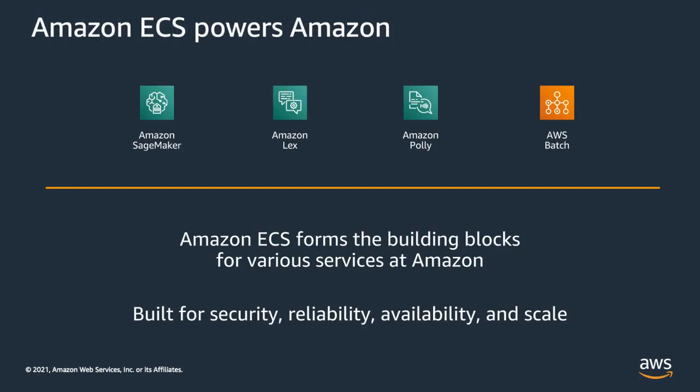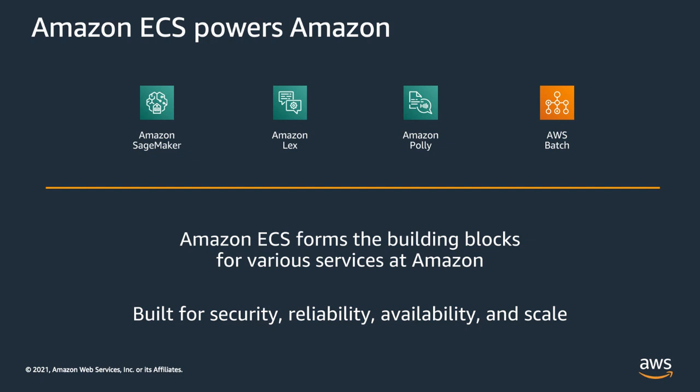The next thing is, ECS is a fairly important service. Some of the leading AWS services, like Amazon SageMaker, which is the fundamental unit for machine learning, or Lex, or Polly, or AWS Batch, are running on ECS itself.